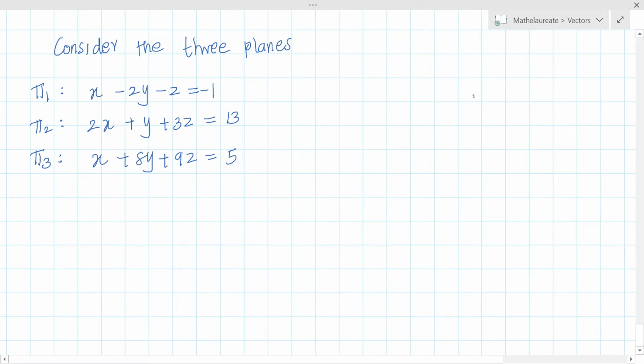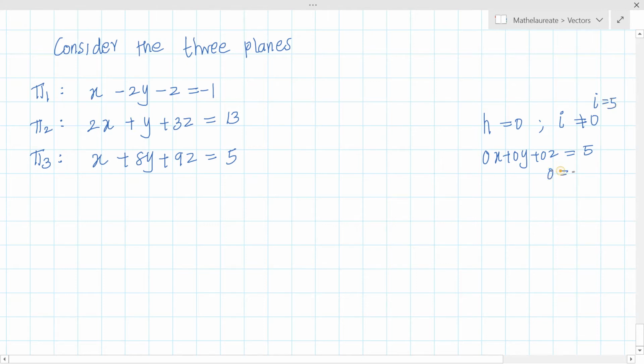In the previous video, I explained that in the last row, if h becomes 0 and i is not equal to 0, please refer to the previous video for the definition. Then you will get 0x plus 0y plus 0z equal to 5, say i equal to 5.